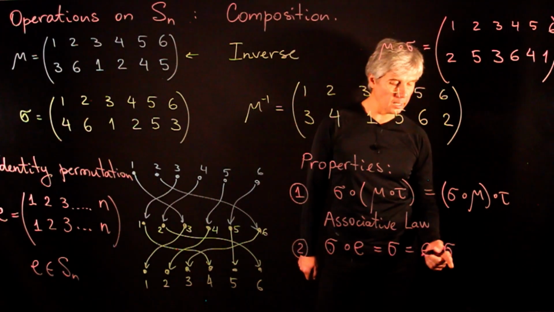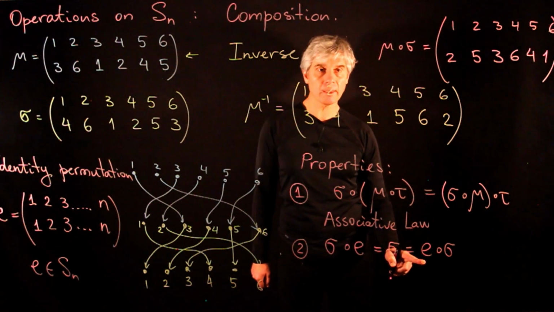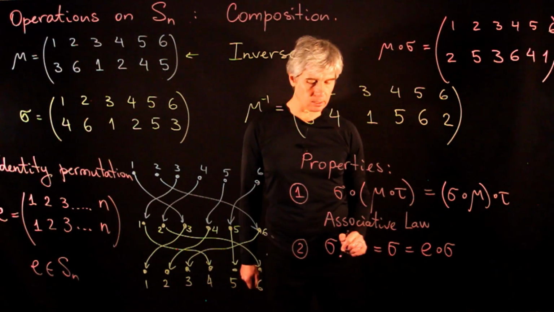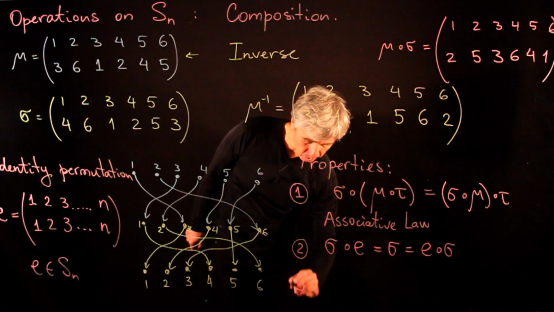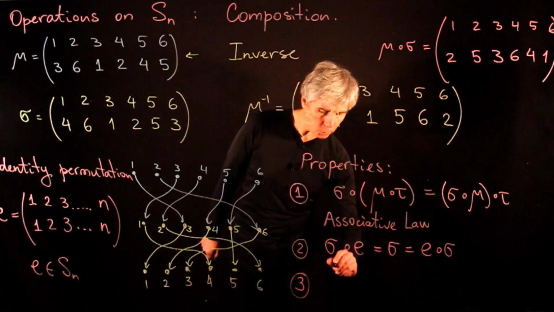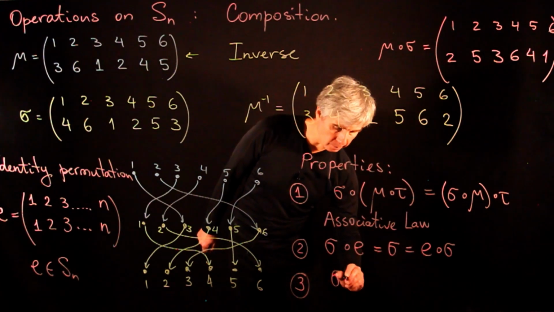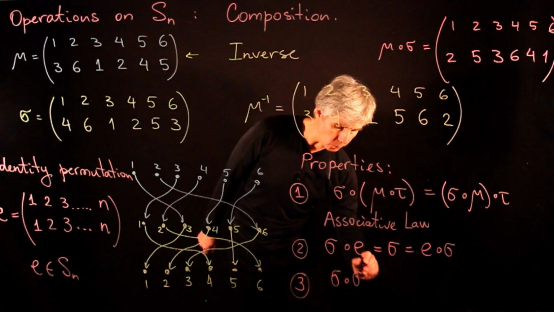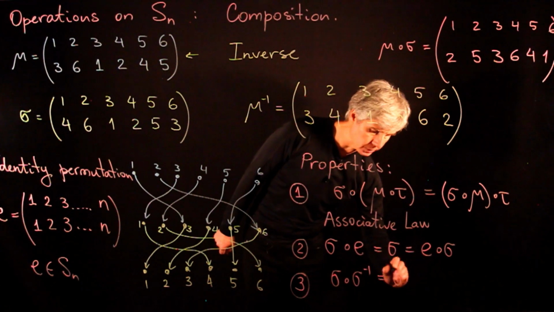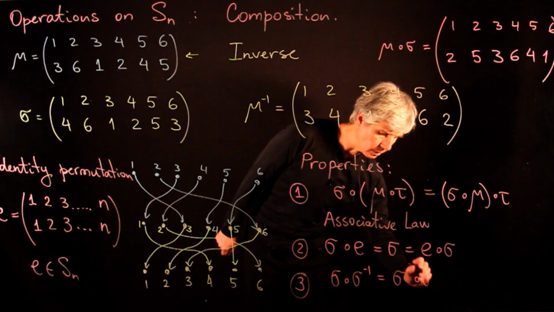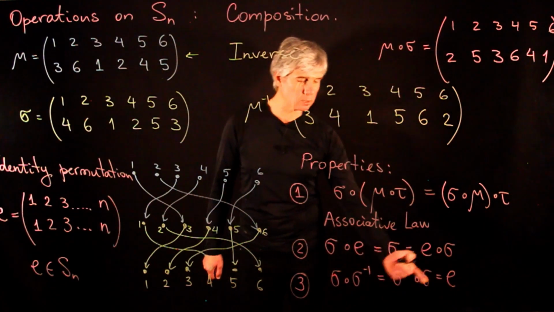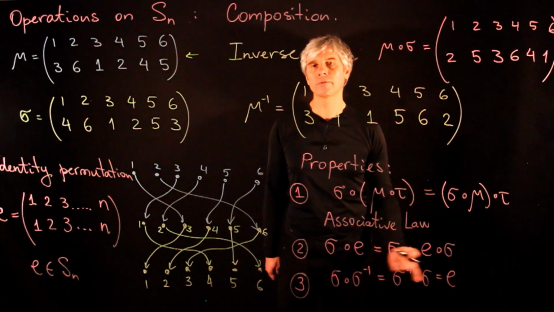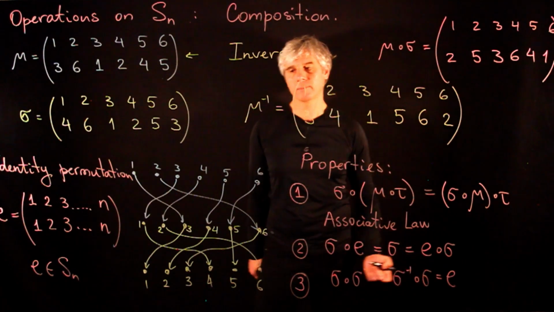So if we apply first sigma and then we do nothing, then the result is equal to sigma. And finally, the property of the inverse permutation is that the composition of sigma with sigma inverse and the composition of sigma inverse with sigma is equal to identity permutation. So this is basically the definition of the inverse permutation.